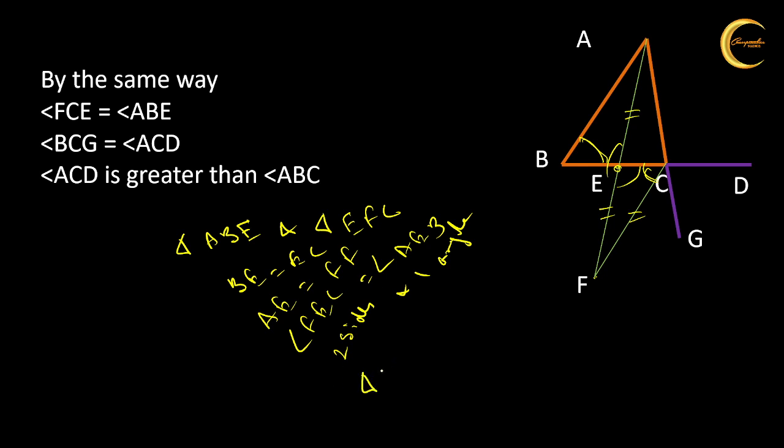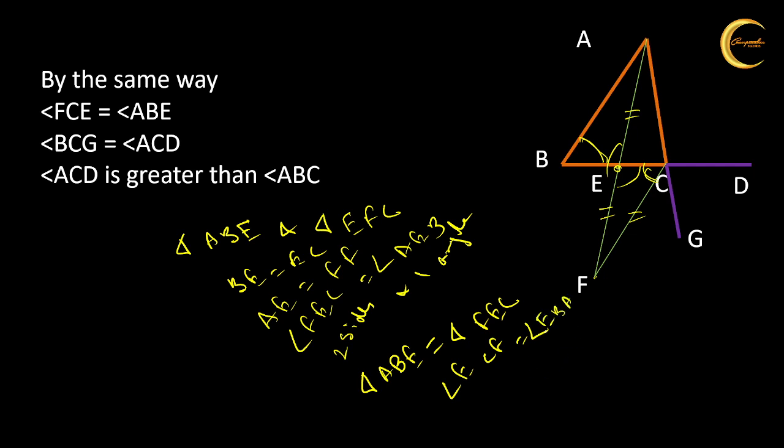Meaning triangle ABE equals triangle FEC, or EFC. Okay. So we can say angle ECF equals angle EBA.